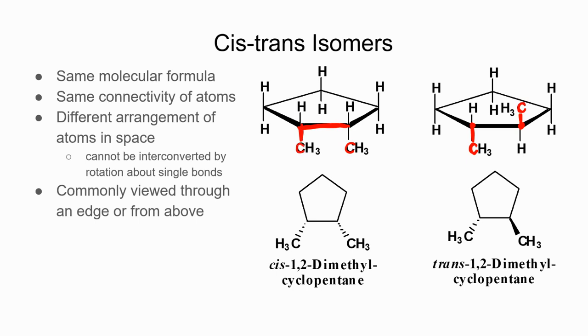So then they differ in their arrangement in space. So on the left, these 2 methyl groups are on the same side. On the right, 1 methyl group is down and 1 methyl group is up. So on the left, when they're both on the same side, that's called cis. Cis for on the same side, trans for the methyl groups being on opposite sides, 1 up and 1 down.